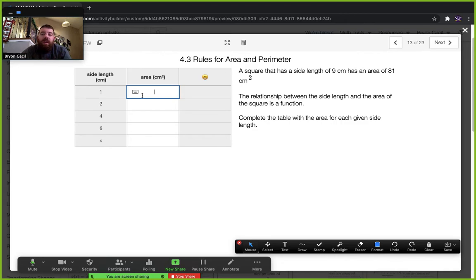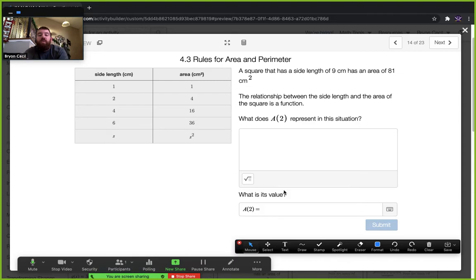If the side length is 1, the area would be 1 times 1, which is just 1. What about 2? 2 times 2 is 4. 4 times 4 is 16. 6 times 6 is 36. What's s times s? Not 2s. S squared. Okay.